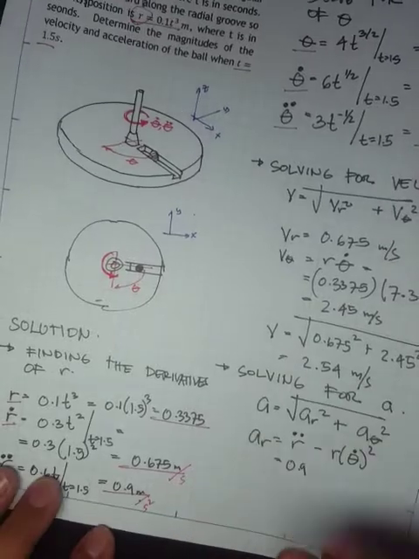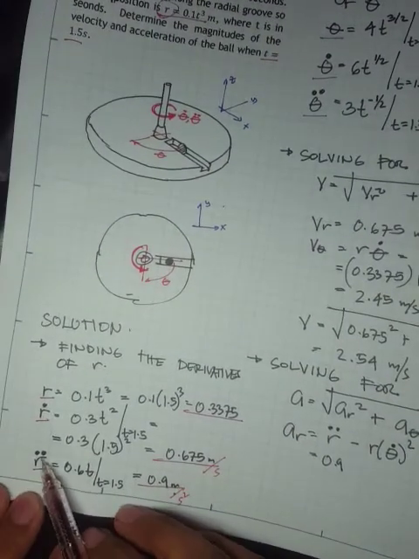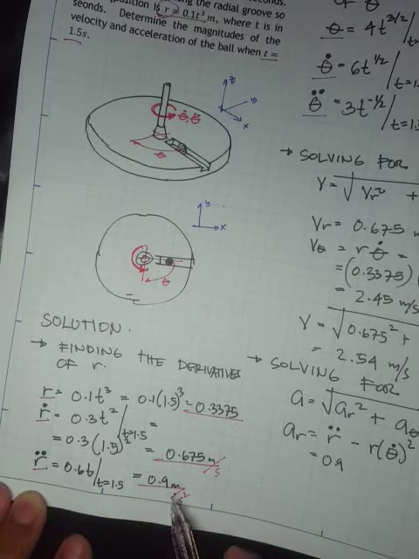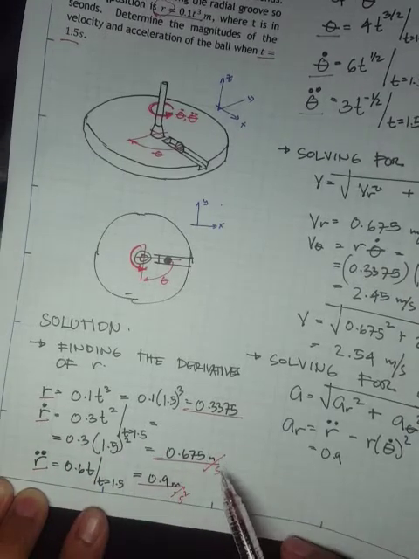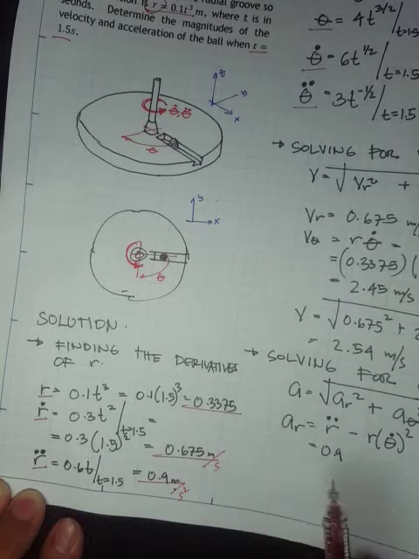Sorry about that. Because this is the second derivative, it should correspond to a unit of acceleration, and this one is the first derivative, so it corresponds to a unit of velocity, meters per second.